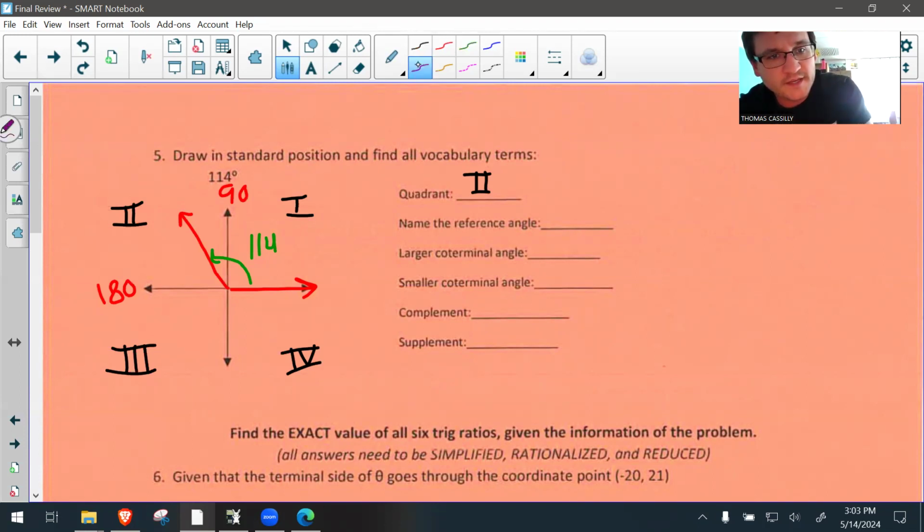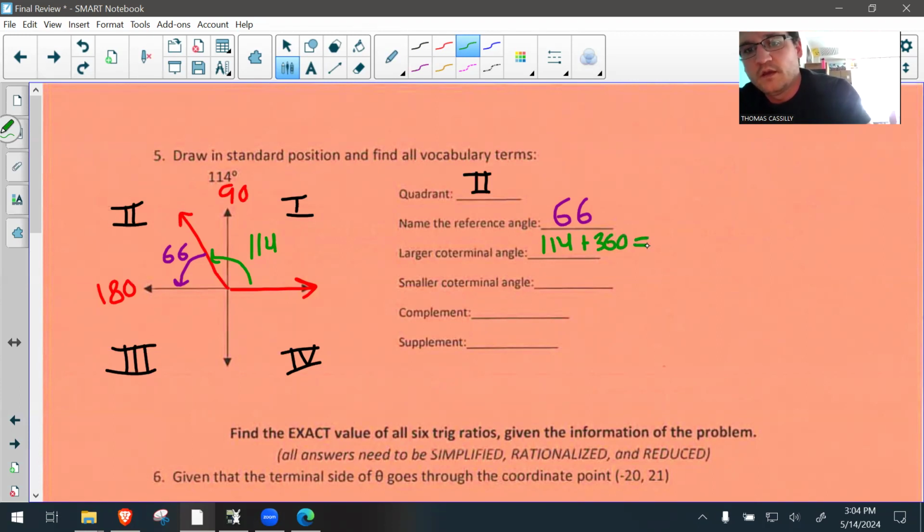What is it going to take to get us back to the x-axis? In this case, that is going to be a 66-degree angle. All right, reference angles are always positive. So never make a negative reference angle. A larger coterminal angle, that's just going to be 114 plus 360.